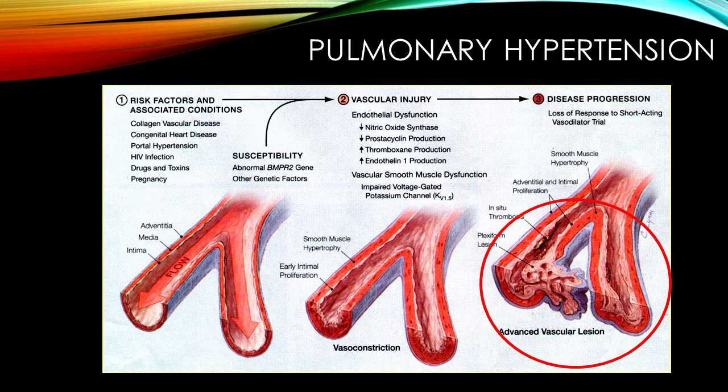At the very top, you can see risk factors for pulmonary hypertension, things such as collagen vascular disease, and patients that have what we call congenital heart disease, that's heart disease that you're born with. Also, patients with HIV infection are at risk. Certain drugs, too.